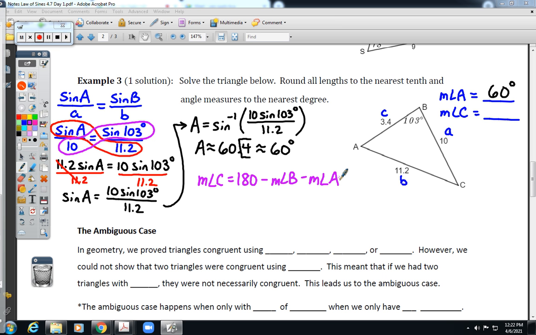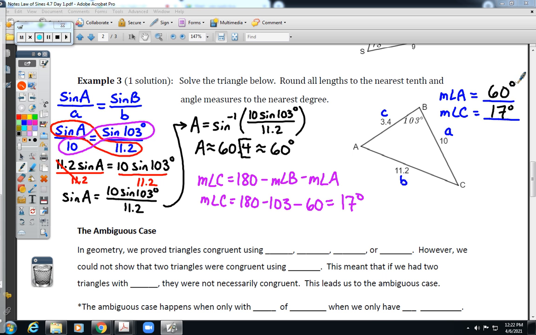It would work, but it's unnecessary. It's harder than you need to make it. Okay? So that would be 180 minus 103 minus our newly minted 60, 17 degrees. And we're done.